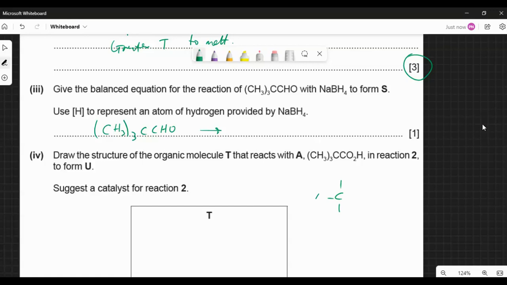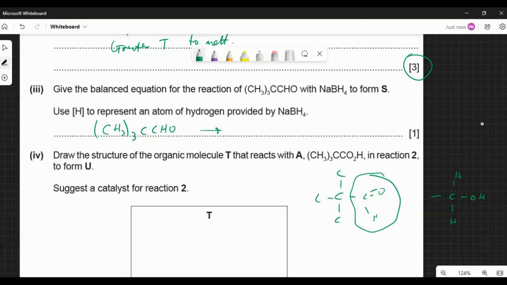So we've got that to start with, I think. There's a C there, a C there. Yes, makes sense? We start off with that, and this bit becomes that bit. All right.